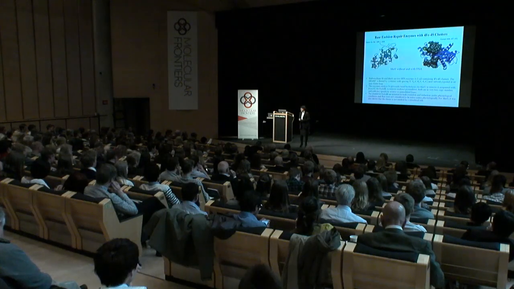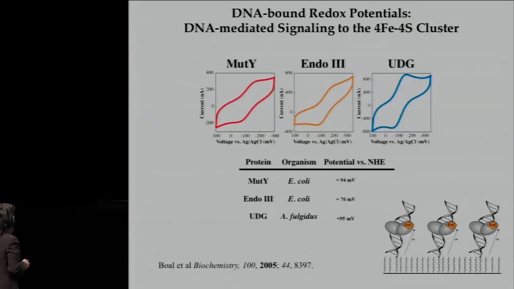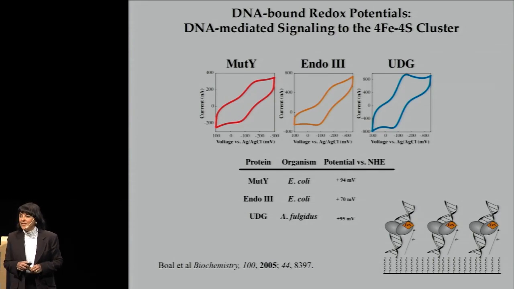That's going to change what the potential is, how easy or hard it is to pull an electron out of the protein. And so in my lab, what we did was we took our DNA-modified electrode, and we asked, when the protein is bound to DNA, can you oxidize or reduce it?